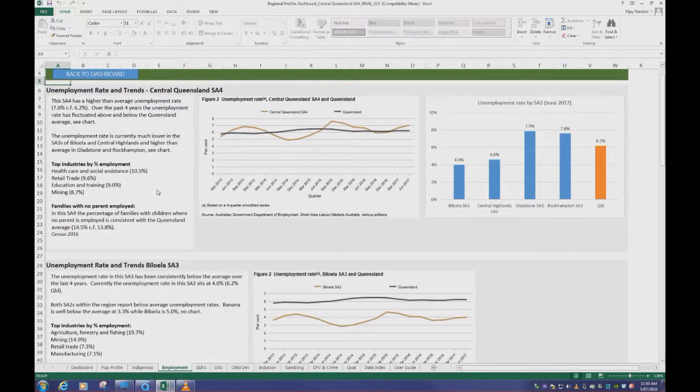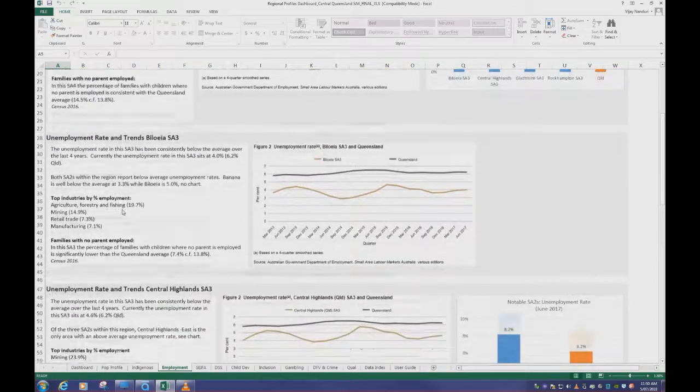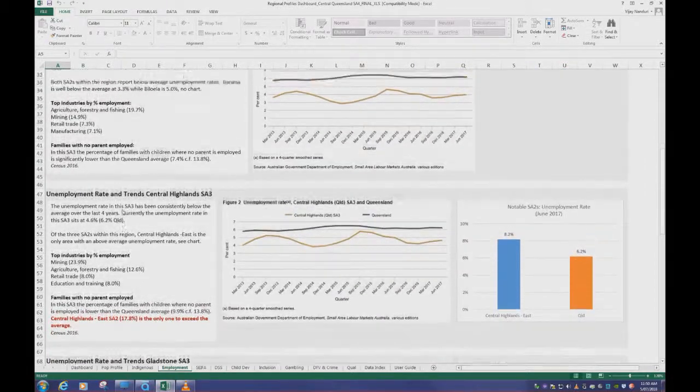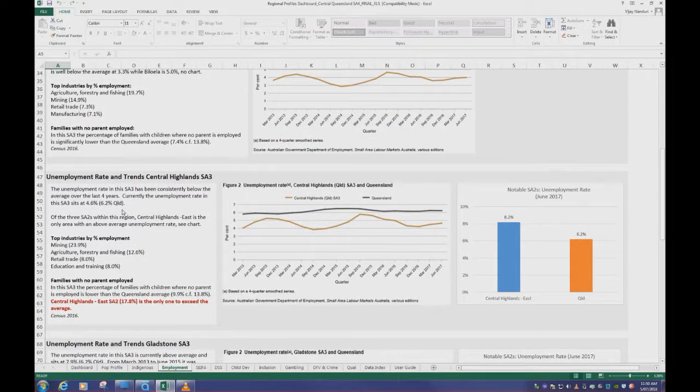Employment. This tab covers unemployment rates, unemployment trends, the top 4 employing industries, and the proportion of families where no parent is employed. Within each SA3, a bar chart is provided which highlights the SA2s that have above average unemployment rates.